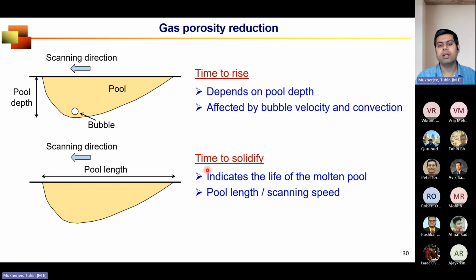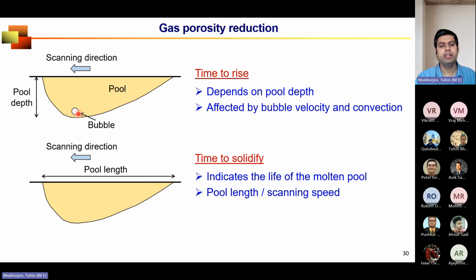The second time is time to solidify. What do I mean by that? If the gas bubble can come out of the molten pool before the molten pool solidifies, then you are safe. But if it does not come out before the molten pool solidifies, then that gas bubble will be trapped inside the molten pool and create gas porosity.